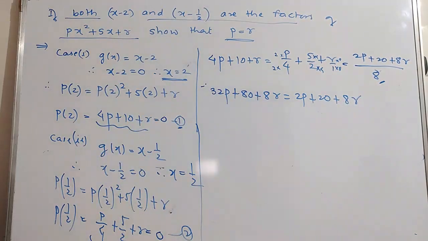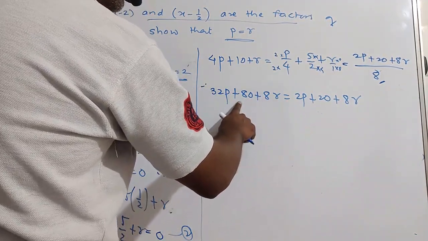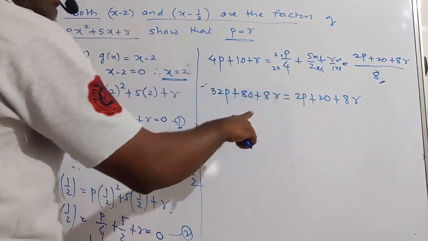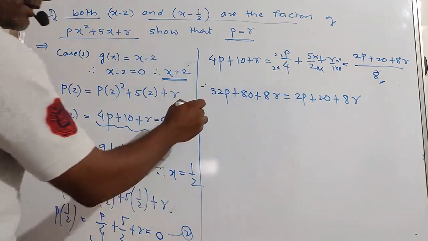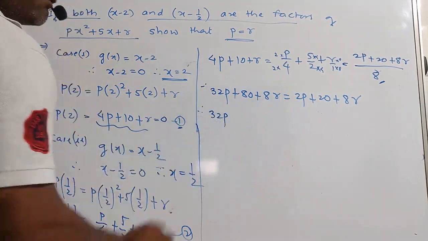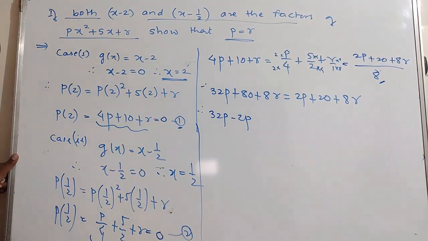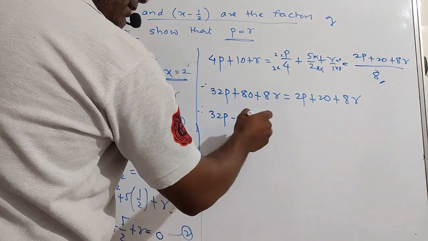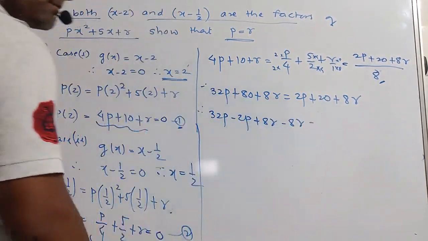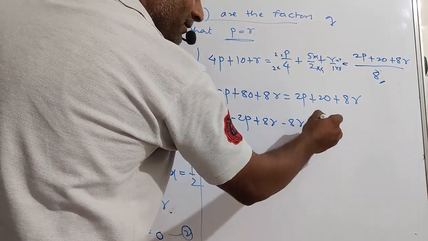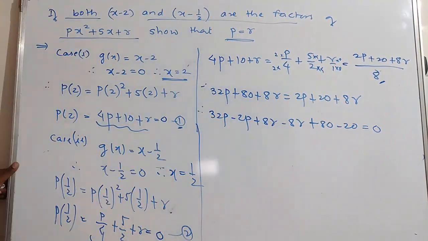Okay. Now here this 2P I will shift to this side. 20 I will shift to this side. All terms I will shift to this side, from RHS to LHS. So this will become 32P minus 2P, plus 8R minus 8R, plus 80 minus 20 is equal to 0. These all three terms will become minus on this side.